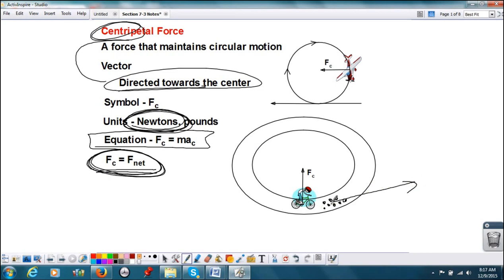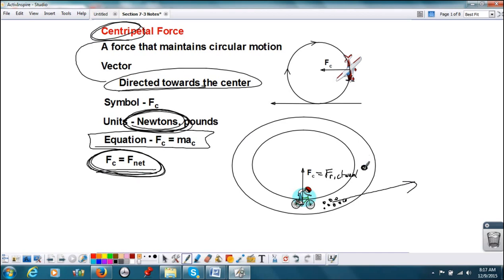Okay? Well, you slid off because there wasn't friction anymore when you hit this gravel. So in this case, the centripetal force is the frictional force. But you might be saying, hey, there's more forces on this person than just the frictional force, and the centripetal force is the net force. Well, let's take a look at that.